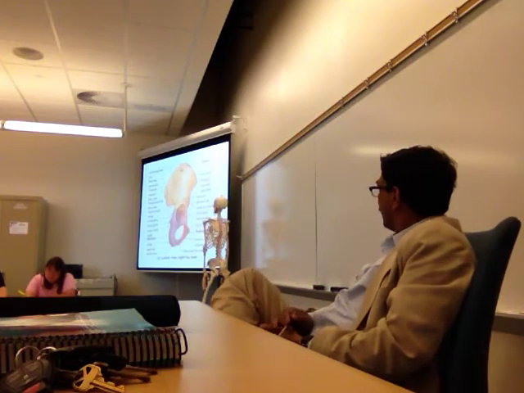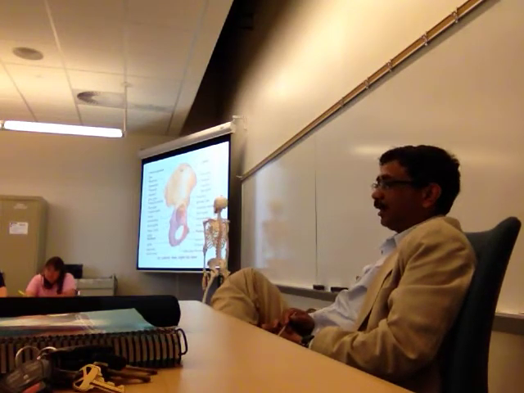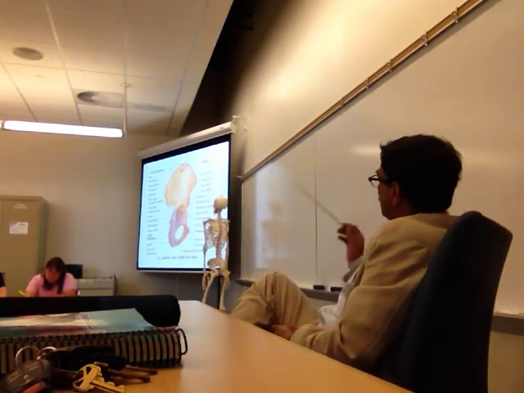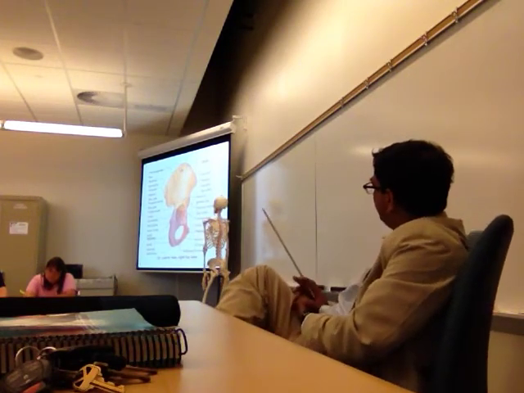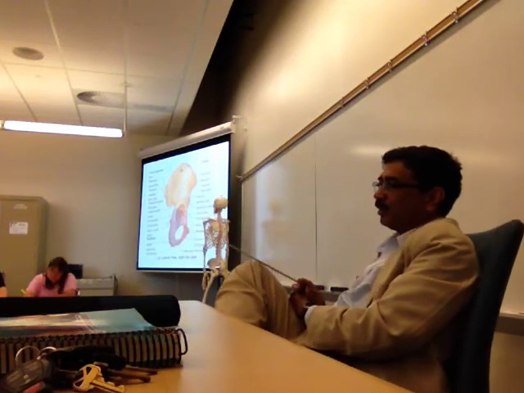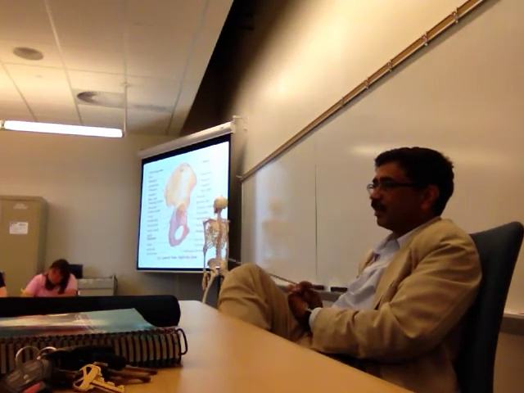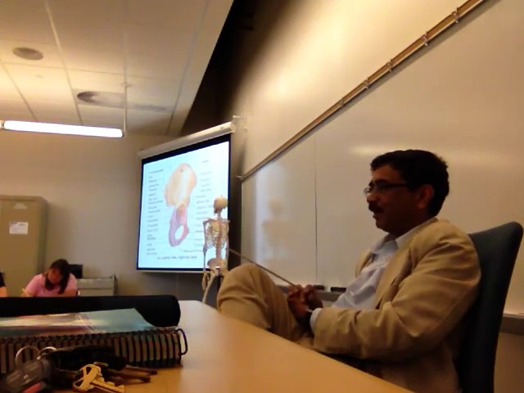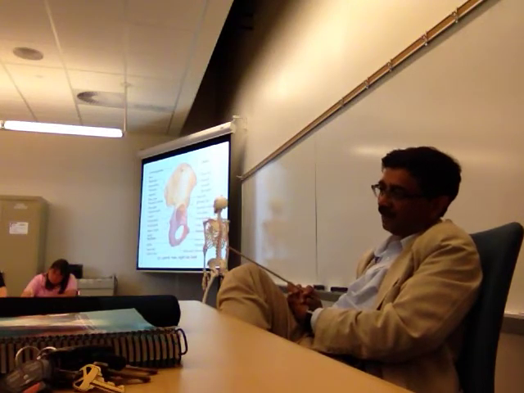And in the ilium, you have iliac spines. 2 iliac spines in the front and 2 iliac spines in the back. Those are called iliac spines because they are parts of the ilium.